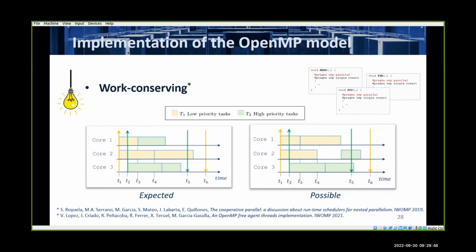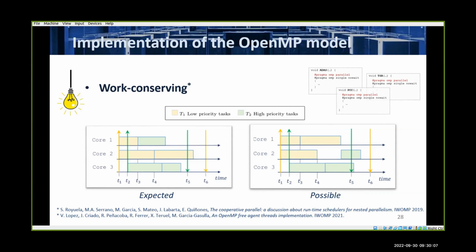This has also been addressed in the literature. We presented something a couple of years ago, the cooperative parallel for, opening the black box of parallels and communicating and sharing operating system threads to avoid this situation.